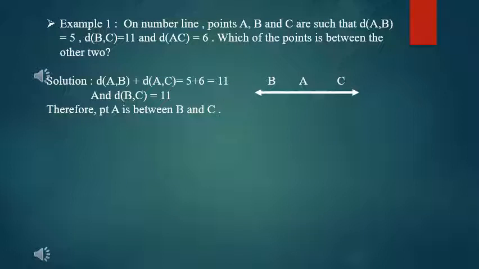So now can you guess the sequence of the alphabets? Yes, correct. So my sequence is B dash A dash C, means my A is common in between. Okay, so now we'll see the calculation for this.